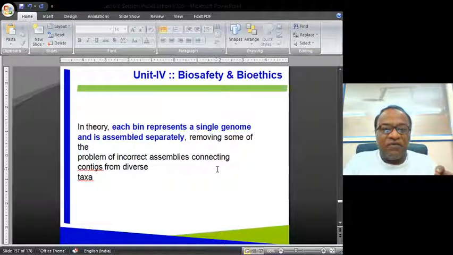So here what we are trying to understand is each bin represents a single genome and it is assembled separately. So there is no co-assembly of mixed genomes.